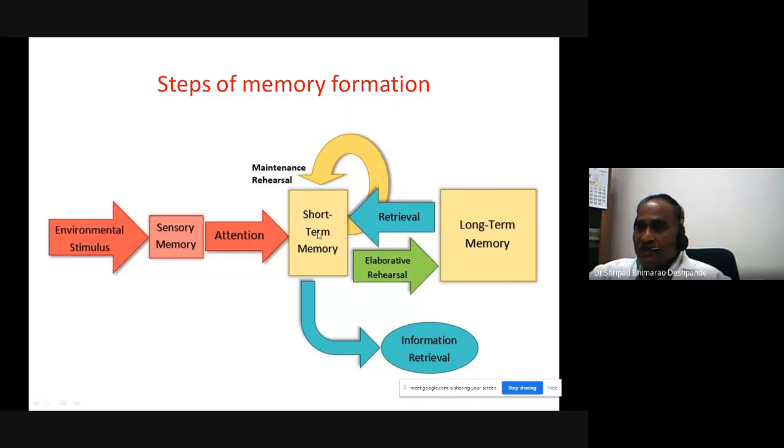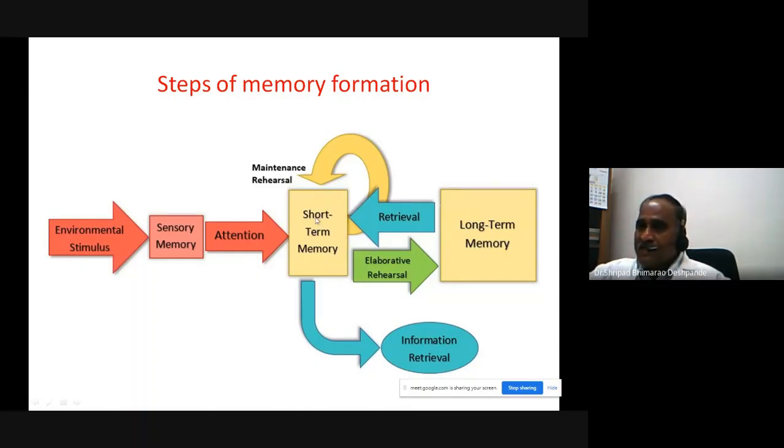If it is not worth retaining, it is forgotten, it is rejected. If it is worth retaining, it will try rehearsing. That means in the mind, it starts rehearsing. After several rehearsals, it will enter into long-term memory. It is stored in the hippocampus there. Now the hippocampus tries to retrieve it, and these cycles go on.